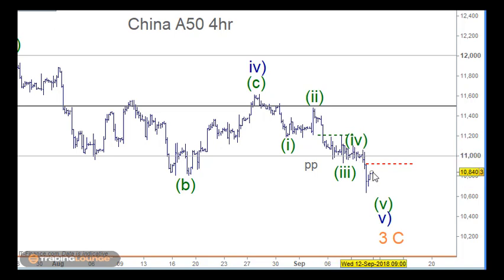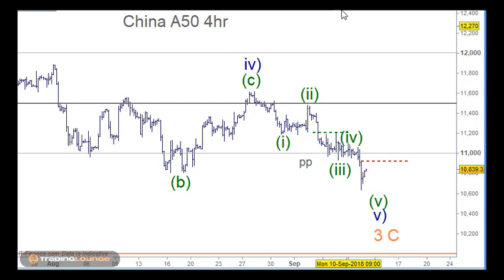I thought we had one more move to come down, but at the same time we need to protect some of our profit, so the stop can go at 10,914 or 917. I'll leave that up to you to have a look at.